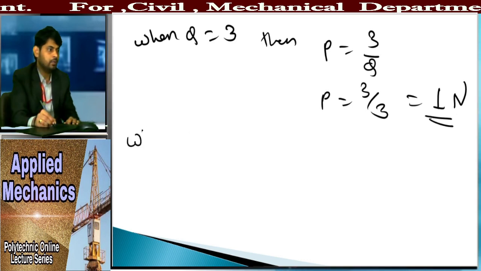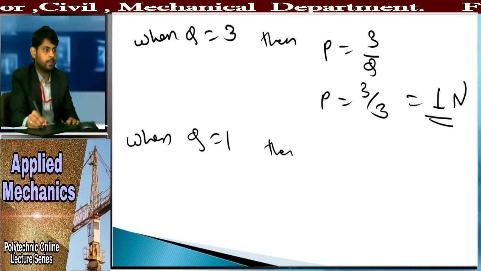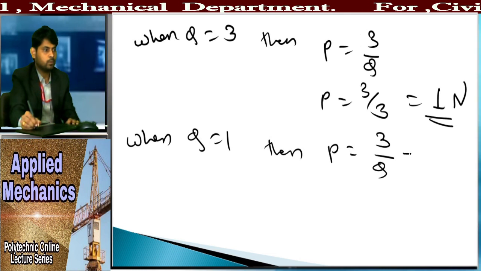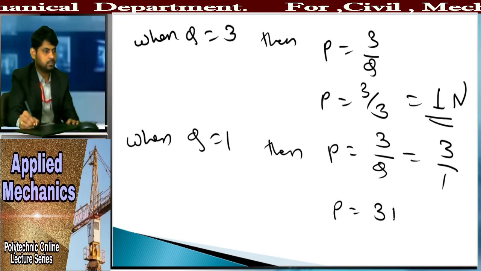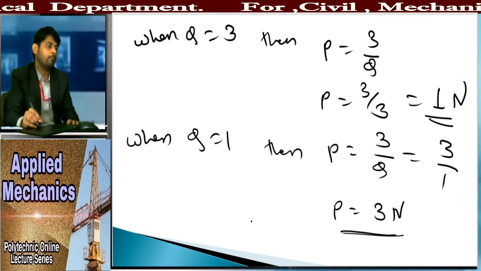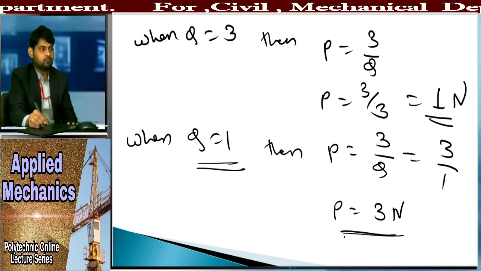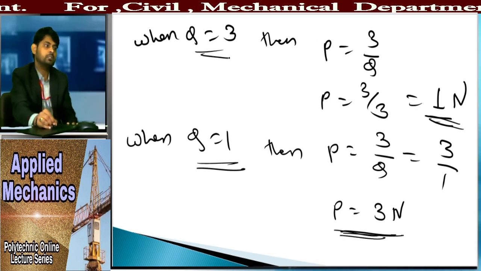And when the value of q is 1, then p is equal to 3 upon 1, means the value of p is 3 Newton. So this is the value of p and value of q. When the value of q is 1, value of p is 3, and when the value of p is 1, value of q is 3.